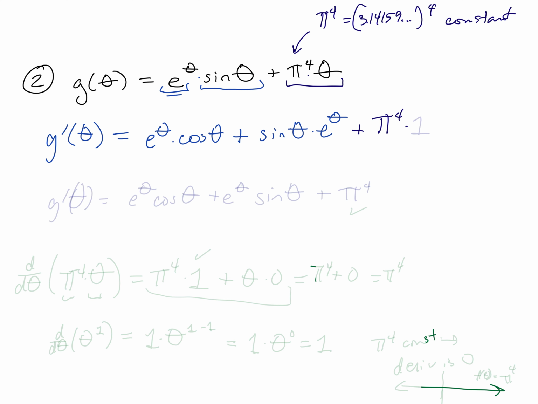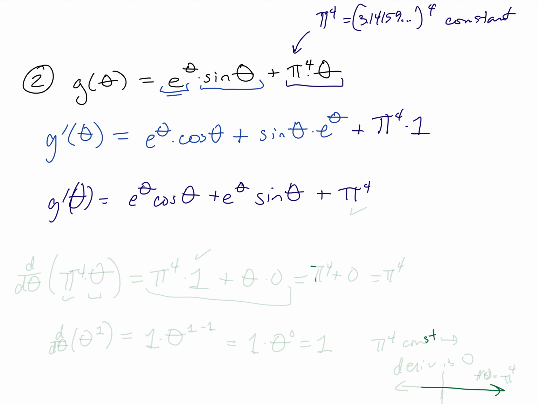The derivative of theta is simply 1 because theta is the variable, just like x is a variable. And so this is just simply pi to the fourth is the derivative of that second piece. And so that means that g prime of theta is equal to e to the theta cosine theta plus e to the theta sine theta plus pi to the fourth.